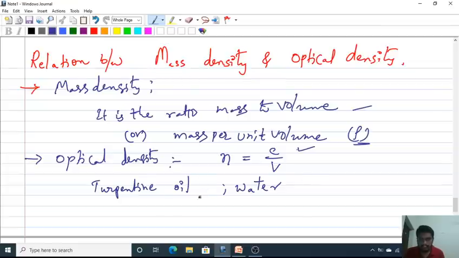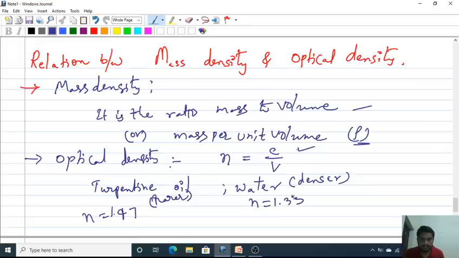When you compare the mass density, water is denser and oil is rarer. When considering the mass densities, the mass density of water is more than turpentine, but what are the refractive indices? For turpentine it is about 1.47, and for water it is about 1.33.